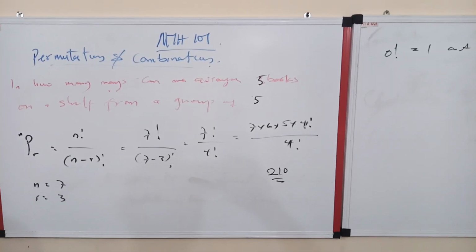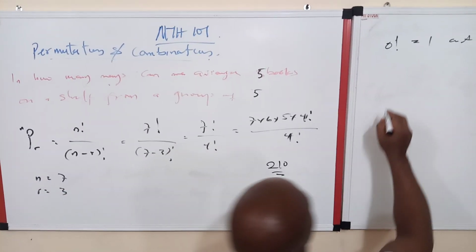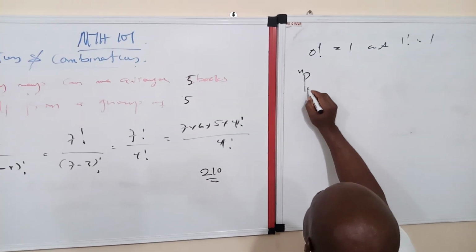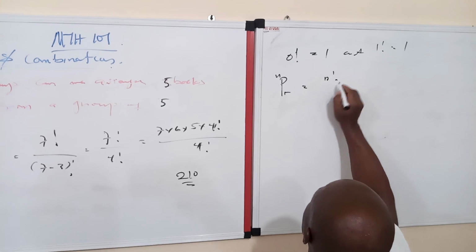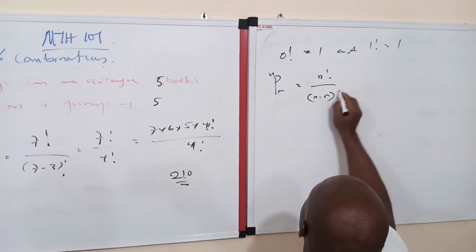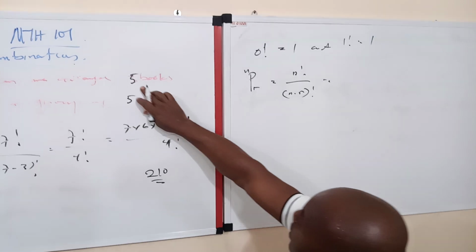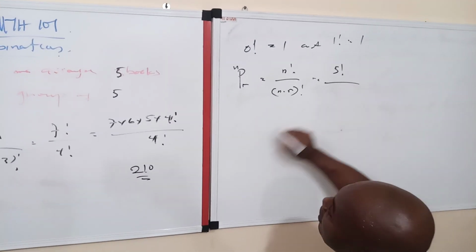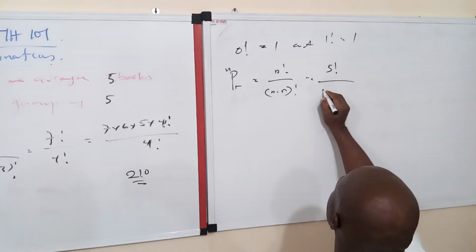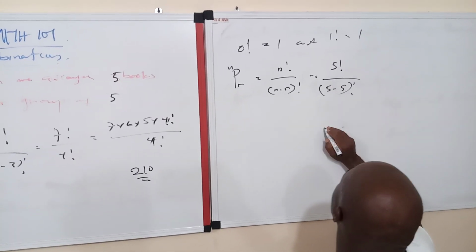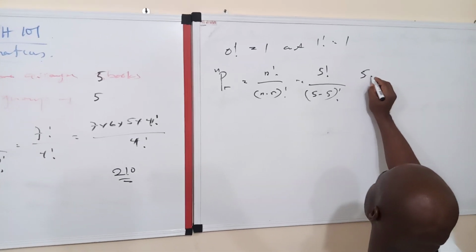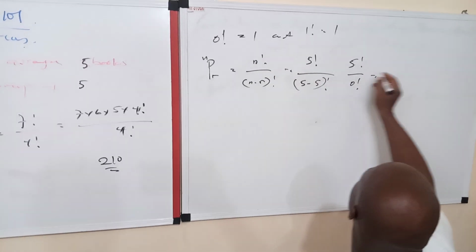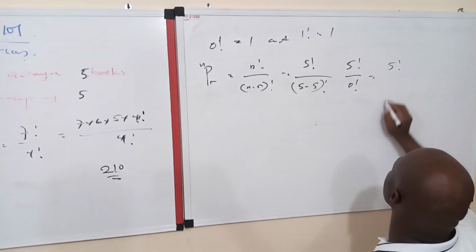Straight away, the key term here is arrangement, so it is permutation, where we have n factorial over (n minus r) factorial. The number of items is 5 factorial, and the number to be selected is also 5. So we have 5 minus 5 factorial. Here we have 5 factorial over 0 factorial, and we've been told that 0 factorial is the same thing as 1. So we have 5 factorial.